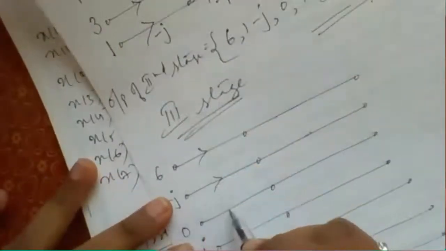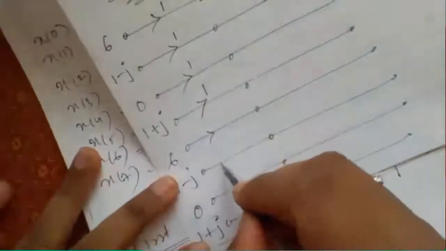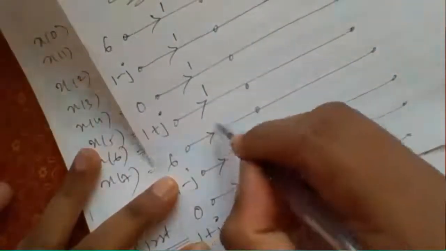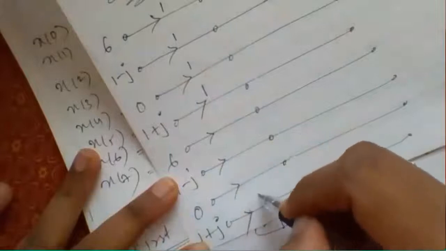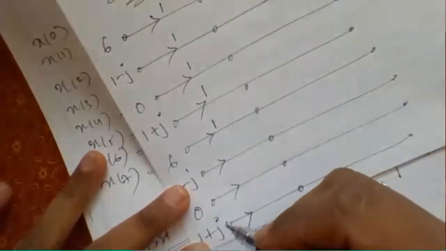Here the first four are 1, 1, 1, 1. The remaining are W raised to 0, W raised to 1, 2 and 3. So again the fifth one is also 1 only.